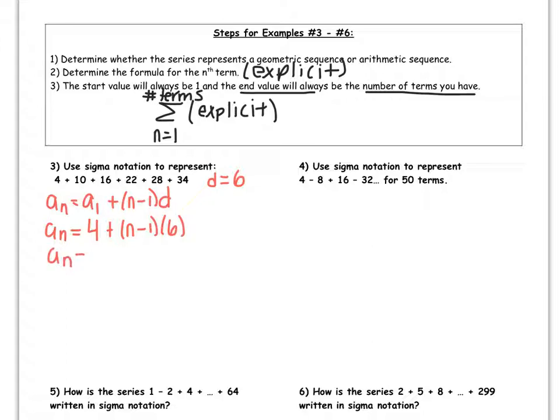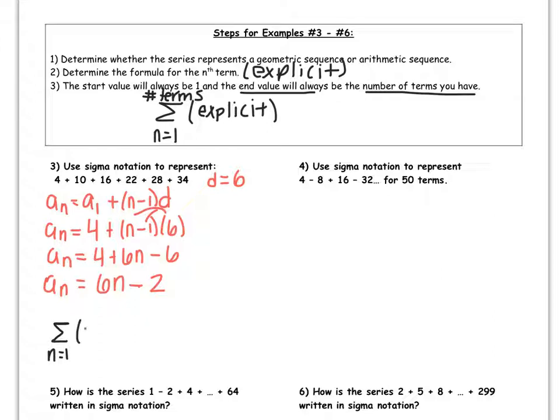Now we can simplify, distribute the 6 in, and combine like terms. So a sub n is equal to 6n, and then 4 minus 6 is negative 2. So this is my explicit formula. So when I'm making my sigma notation, remember I said we're always going to put n equals 1 on the bottom.